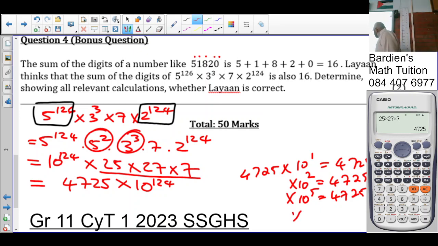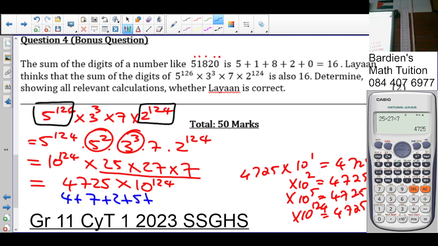So even if it's times 10 to the 124, it's 4,725 followed by 124 zeros, which makes no difference. Why? Because 4 plus 7 plus 2 plus 5 plus zeros, whether 2 zeros, 5 zeros, or 124 zeros, is the same. So 4 and 7 is 11, 16, 18. That's where your 2 marks are.